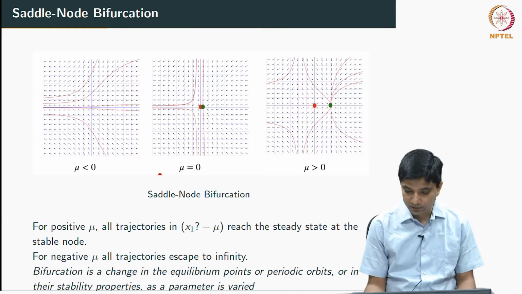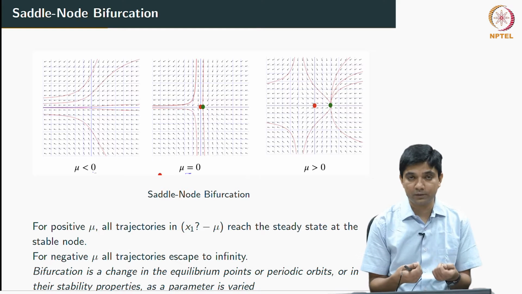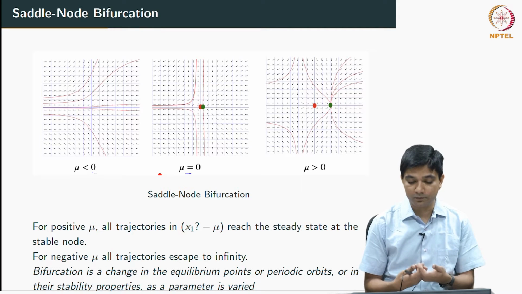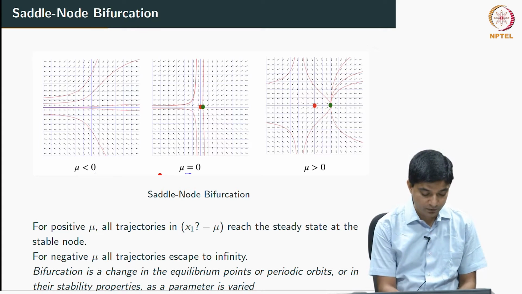For example, in the saddle node bifurcation you have an equilibrium point which was a stable focus, a saddle as the parameter varies at mu equal to 0, and for mu less than 0 this equilibrium point just disappears. So you had two equilibriums, one of which was stable, one of which was unstable. As the value of the parameter mu changed to a negative value, these equilibriums disappear.